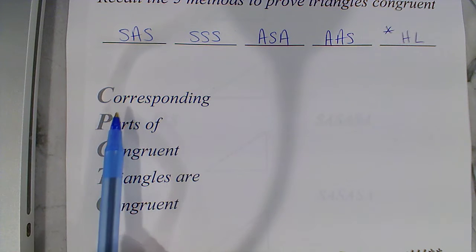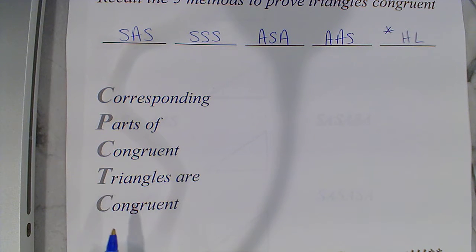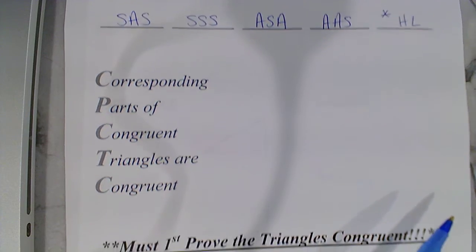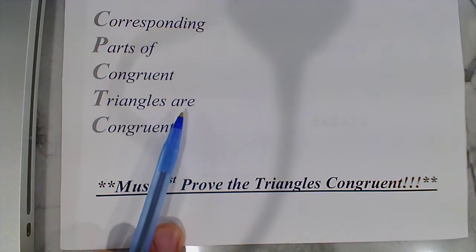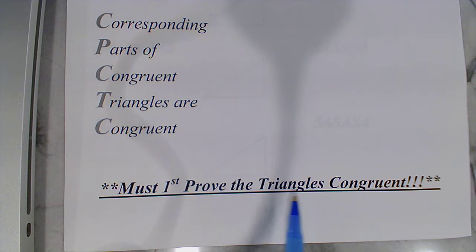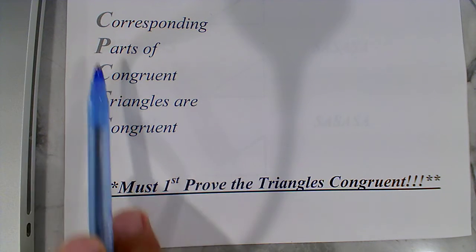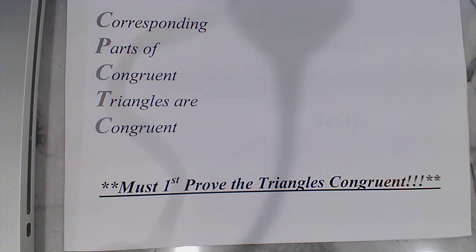But the catch is, you can only use CPCTC after you've first proven the triangles are congruent. So as long as you have congruent triangles, then you can start using this CPCTC concept.